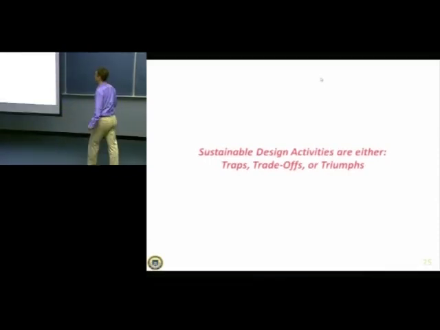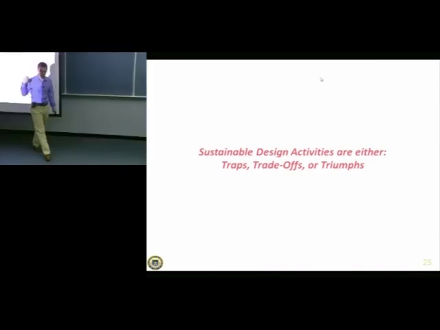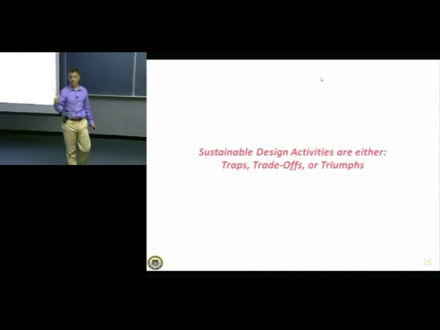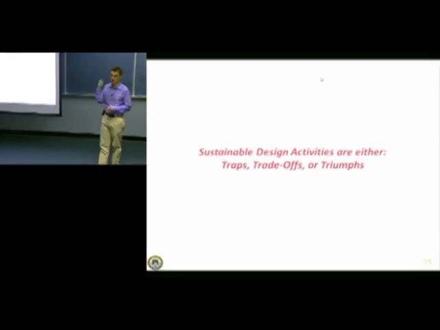So the idea of a trap is a product that is marketed as being a viable life cycle design, a product that will improve the overall environmental profile of that activity or that service or that functional unit. But it's not really environmentally conscious at all. Okay, so we would call that a trap. It's a product sold as green, it's not green.